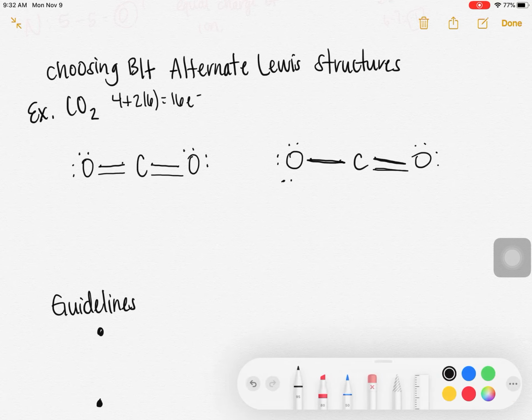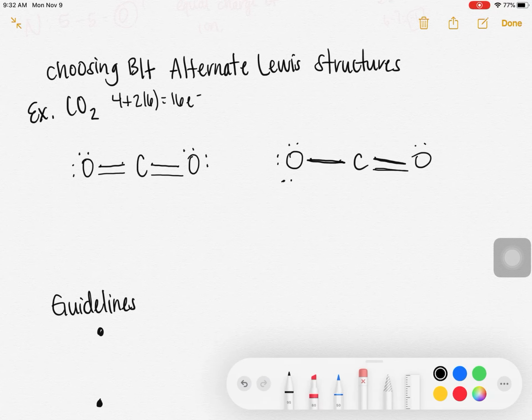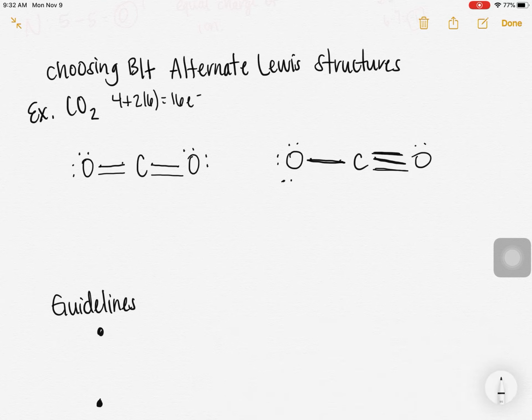Okay, and then what if I took, which is totally legal, these 2 electrons, made a triple bond. So in this case, everybody still has an octet. You can verify that, and there are actually 16 electrons, 2, 4, 6, 8, 10, 12, 14, 16.